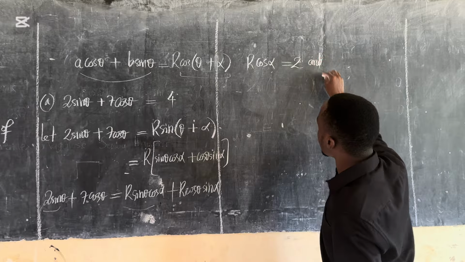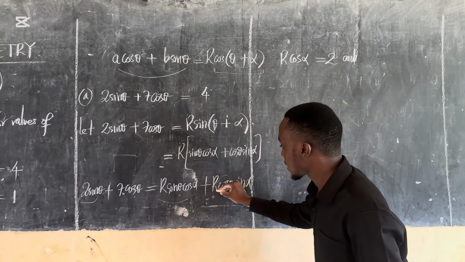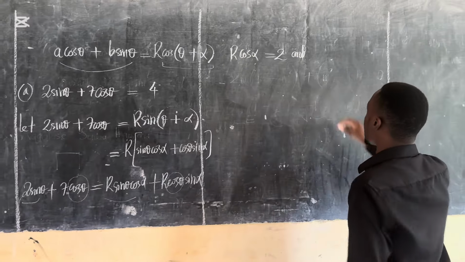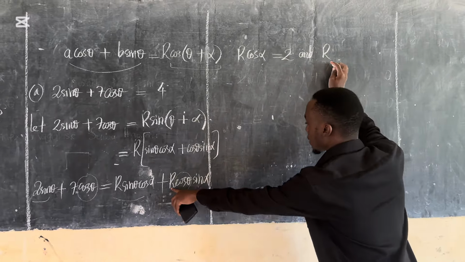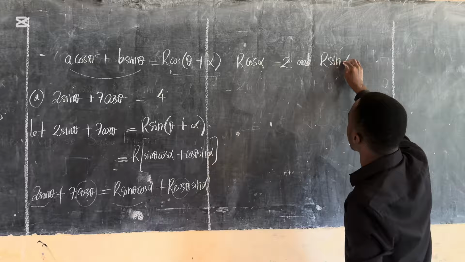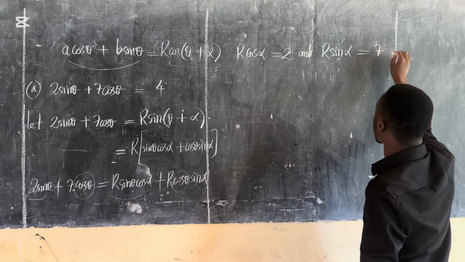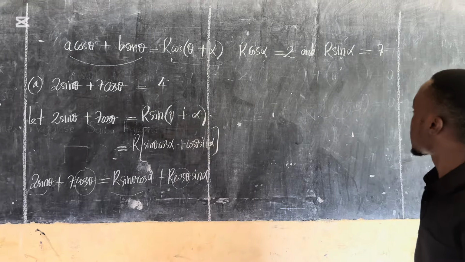And also, just look at this cos theta. It means the remaining terms, the R sine alpha should be equal to the 7.